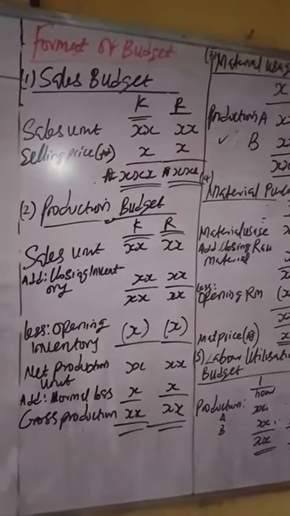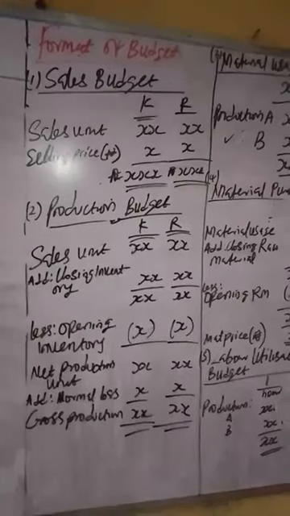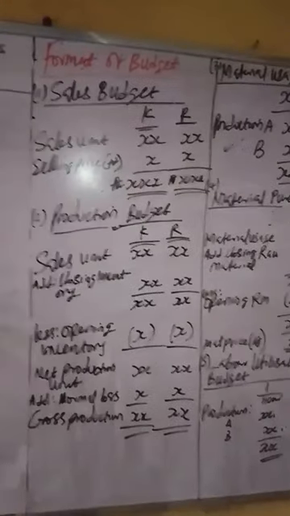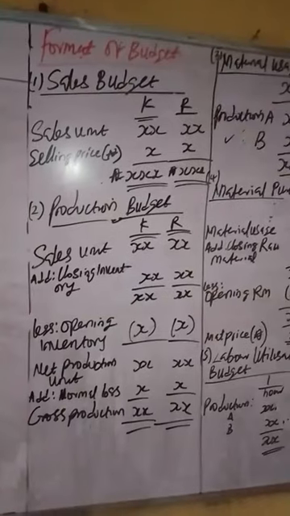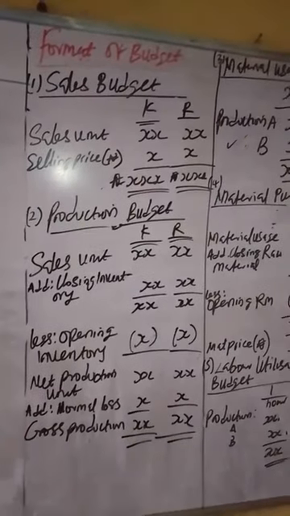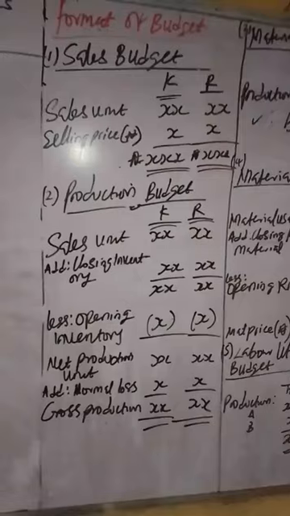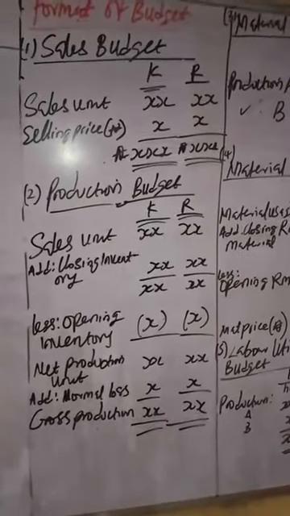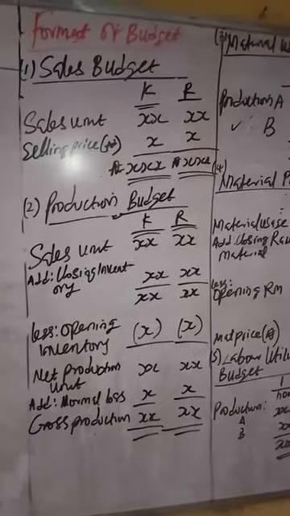You will have what we call net production, and then you can add normal loss during the production period, if there is normal loss. Are we together? So we have a gross production. Anything abnormal loss should not be included.